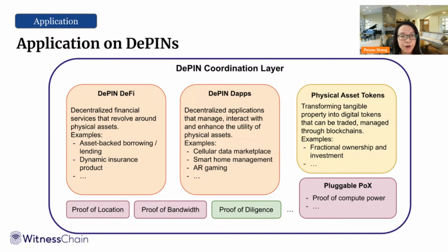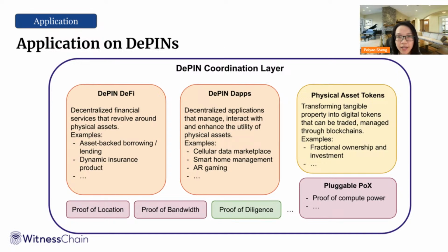For example, if you want to build an asset-backed lending and borrowing protocol, users can secure their loans against the physical assets, which are tokenized and also verifiable through DCL. And one can also create something like dynamic insurance products that can adapt in real time based on the verified data about some asset condition and its real-time usage.